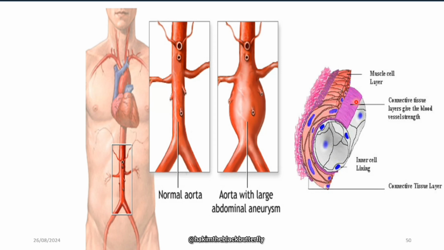But if someone does not have enough proteins in this connective tissue, it may easily result in abnormal expansion of a blood vessel, a condition that we call an aneurysm. Aneurysms occur when there's abnormal expansion of the blood vessel. It mostly occurs along the abdominal aorta because it's the largest artery of the body that's going to be carrying large volumes of blood at a very high pressure.